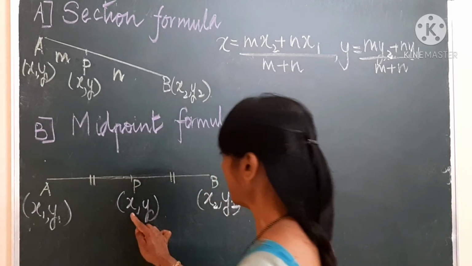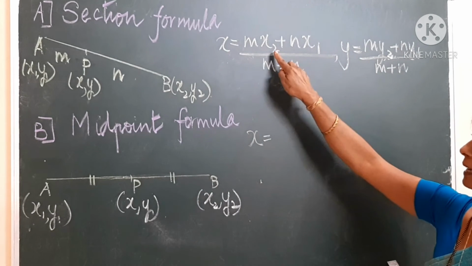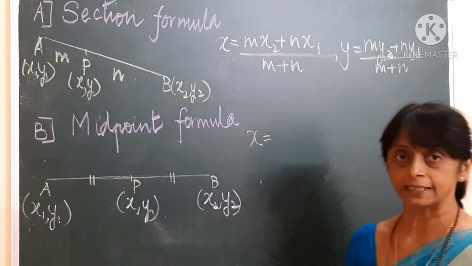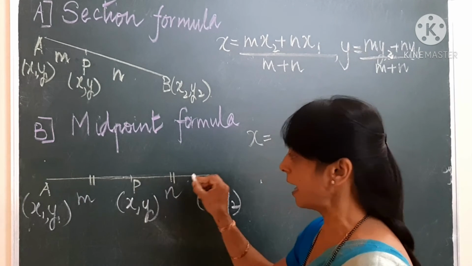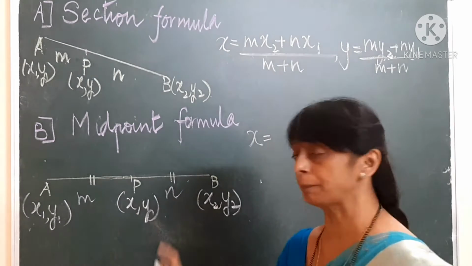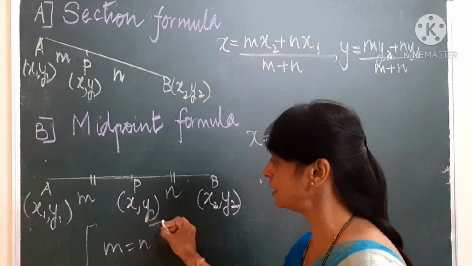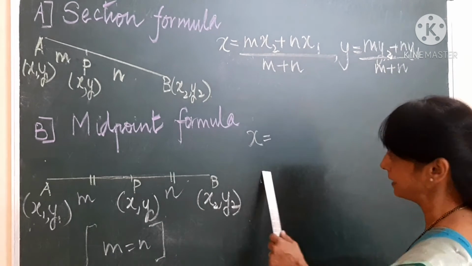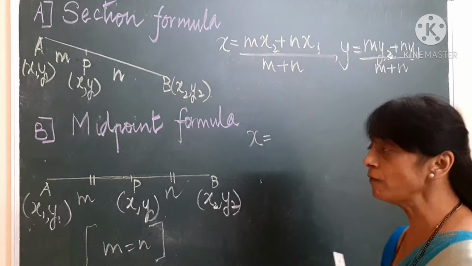So children, x will be equal to mx2 plus nx1. But in this case, we see that m and n, both the ratios are equal. Why? Because P is the midpoint. So we have m is equal to n. So let's see what we get while finding out the value of x.